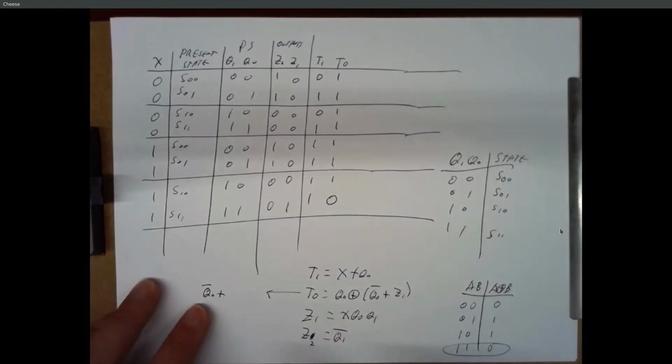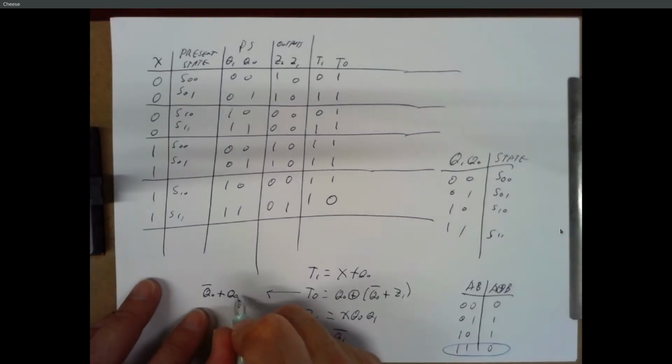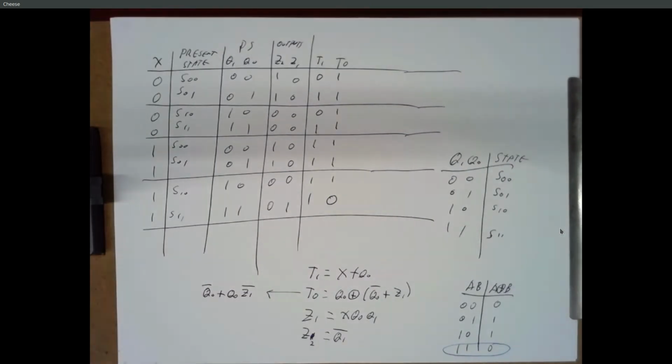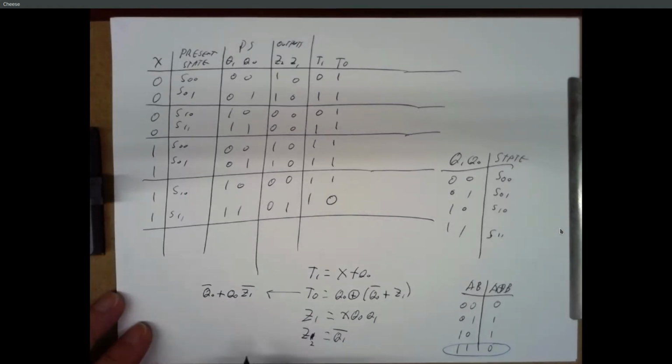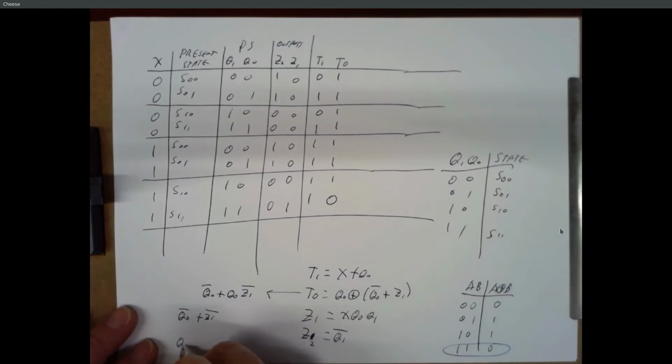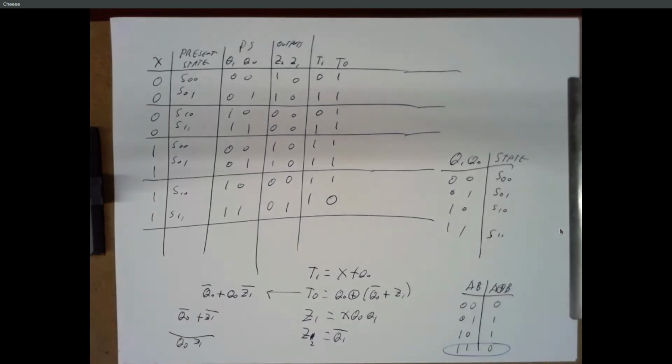So if Q0 is true, Z1's got to be false. And if Q0 is false, this whole expression is true also. So this is actually just Q0 bar or Z1 bar. And we can De Morgan that, and it's just a NAND of Q0, Z1. So that gets you there also.